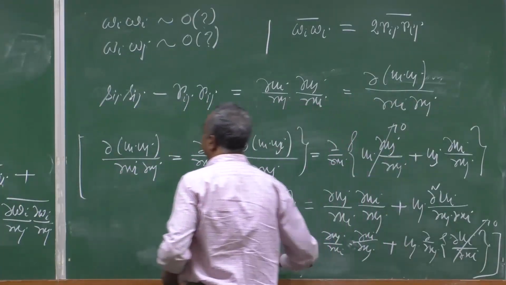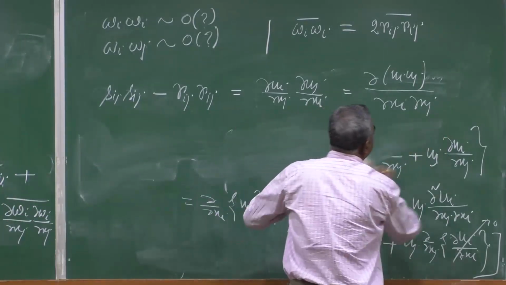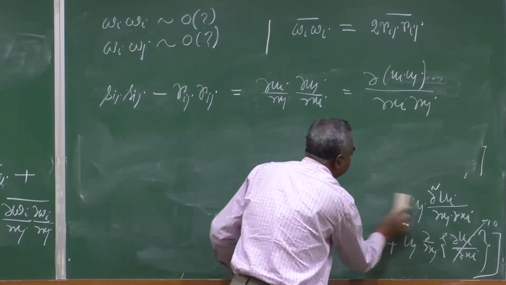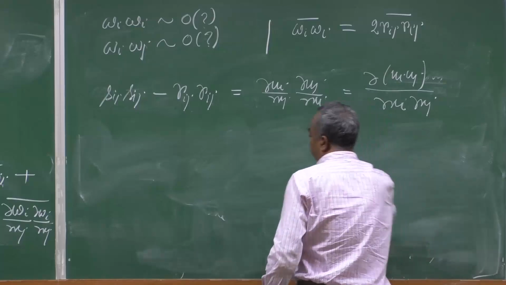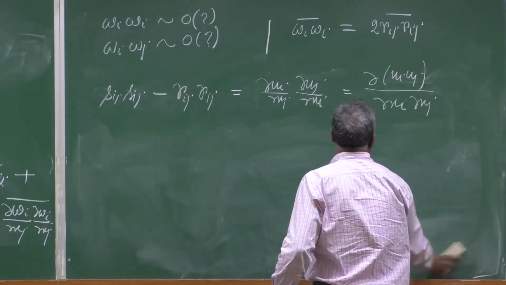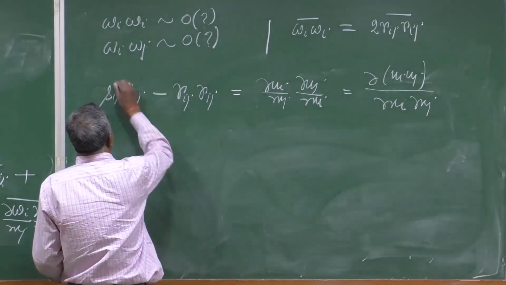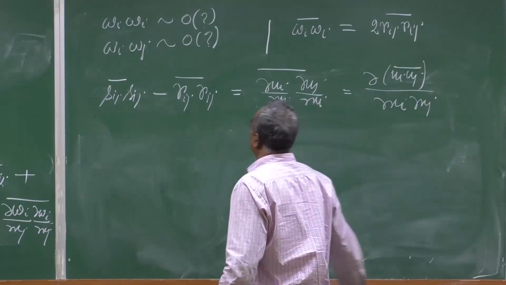So, that means we can write that S_ij S_ij minus R_ij is equal to the double derivative of the Reynolds stress. So, essentially this is equal to this. Okay.